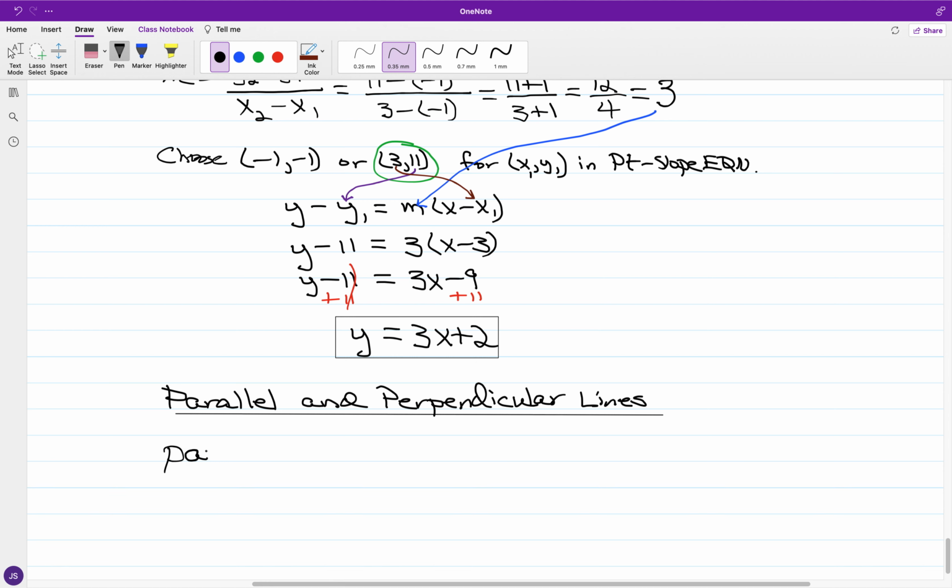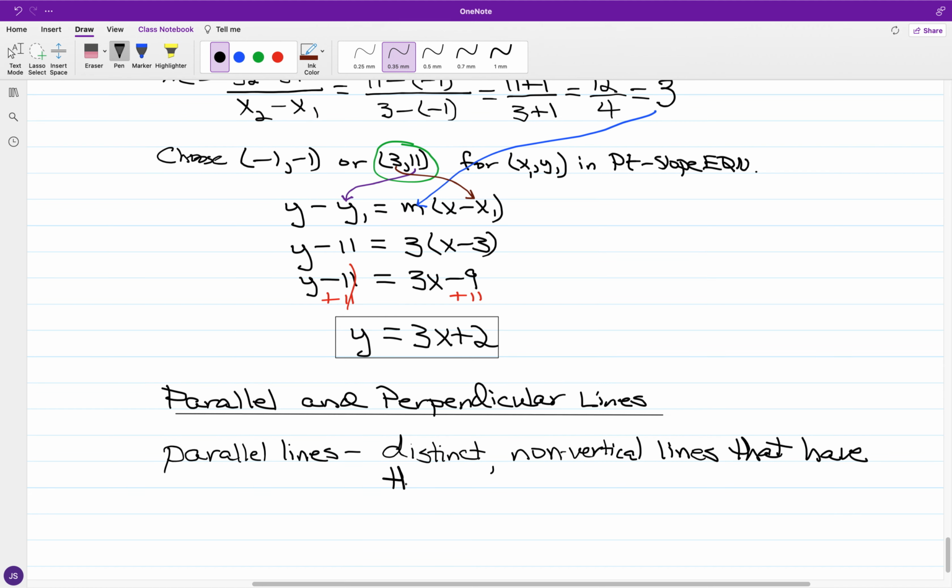For parallel lines, those are going to be distinct, non-vertical lines that have the exact same slope and will never intersect.